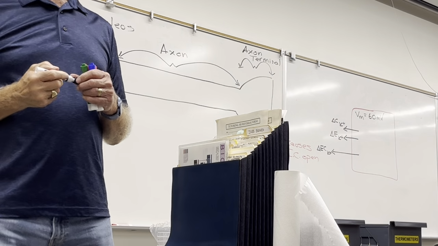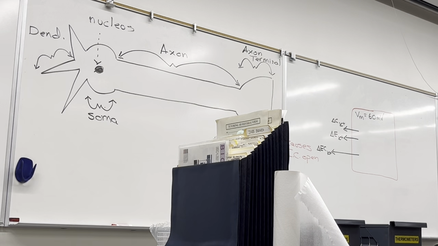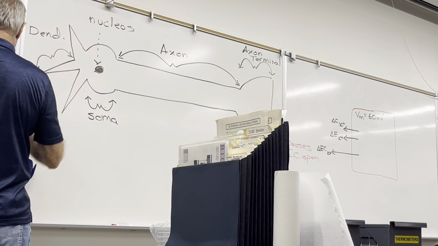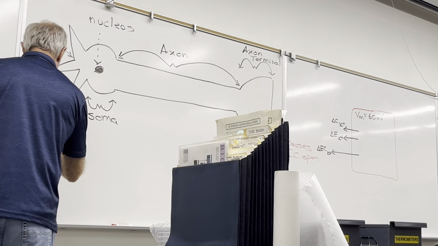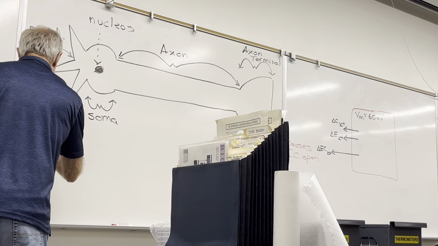And the question is, what's the distribution of key proteins along the length of this neuron? So over here, at the level of the dendrite, we've got sodium-potassium ATPase pumps.